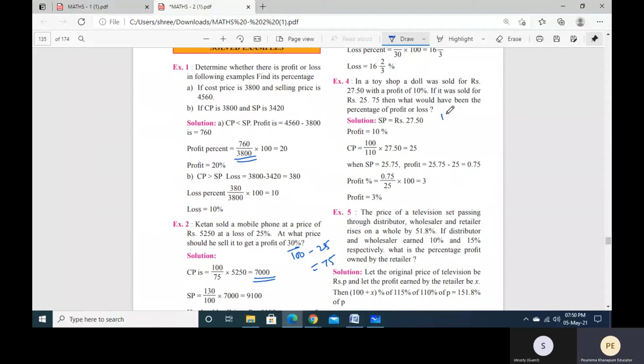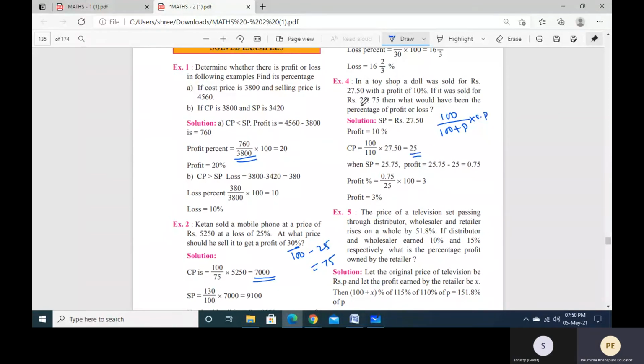That is 100 upon 100 plus the profit into the SP. So its selling price was 27.50, 100 upon 110, sorry, 100 plus 10 is 110. By doing all the calculation, we are getting CP as 25.